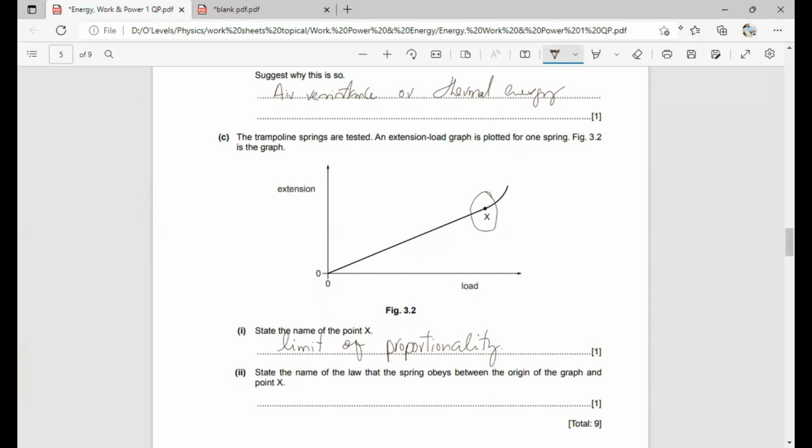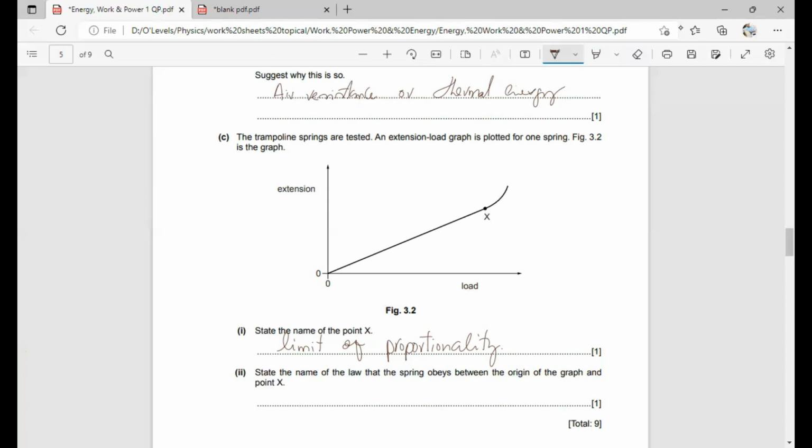After this point, you will observe in the graph that the line is not straight. That means your body may deform or change its shape.